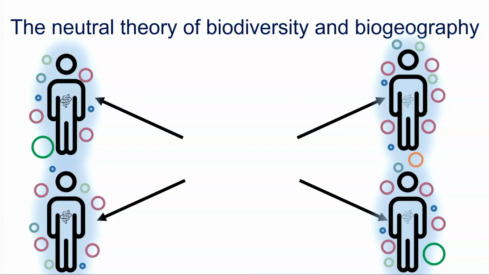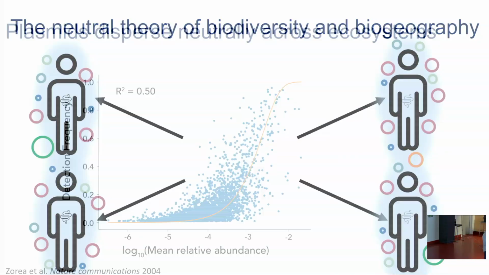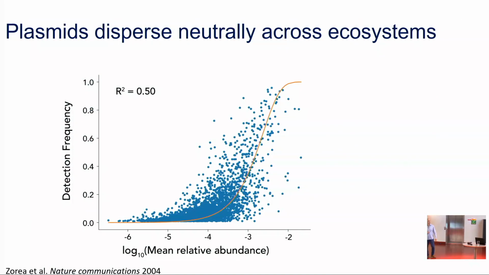We understand this. So then we can create a null model where we assume neutrality, and we indeed did that. What you see over here is the abundance of specific plasmids on the x-axis, and on the y-axis their prevalence across populations.